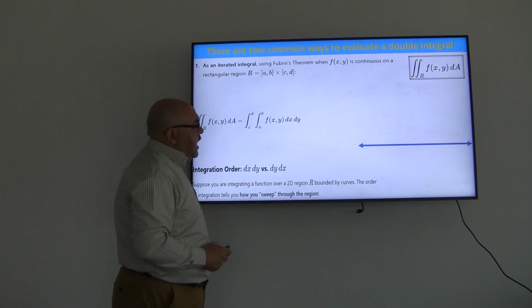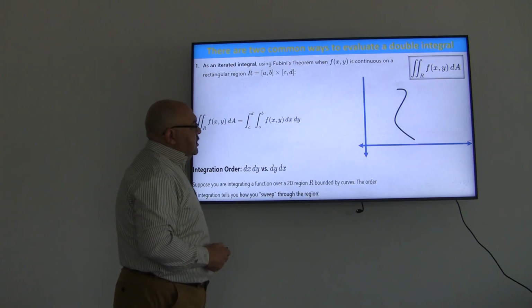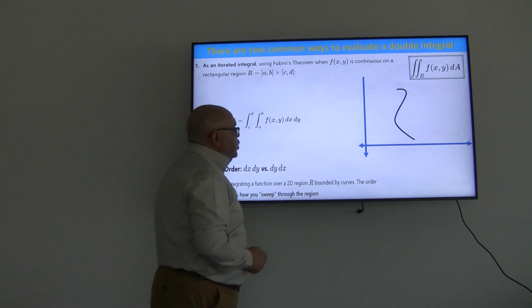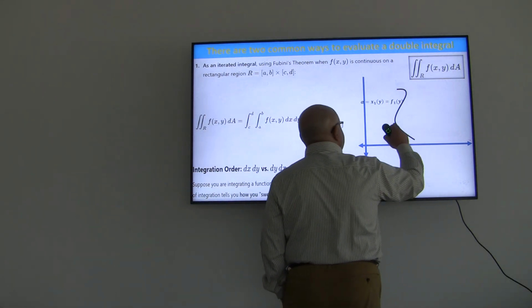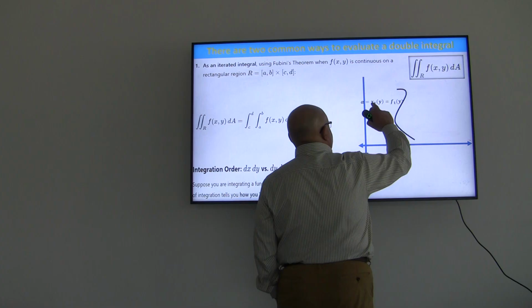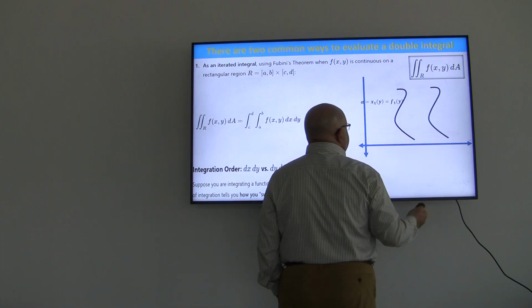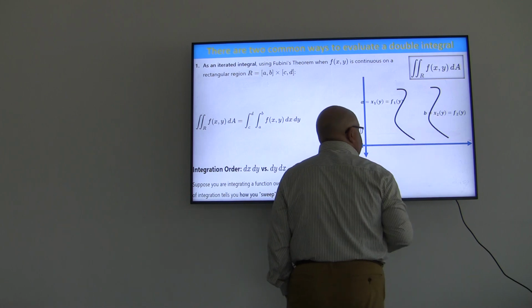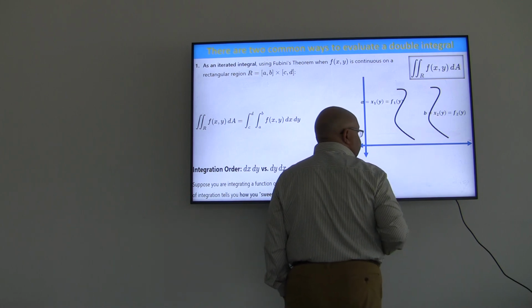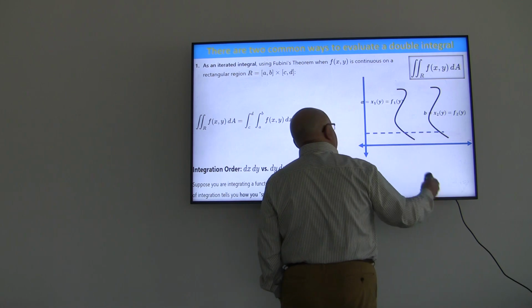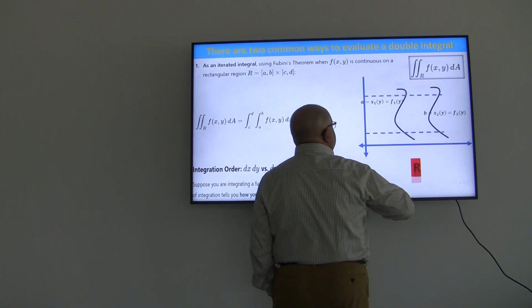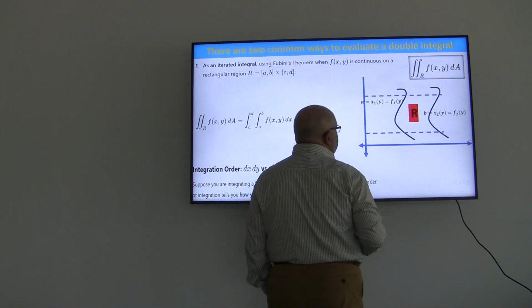If this is the x-axis, and that's the y-axis, and these are the functions, the first function, a, which is x1 as a function of y, f1 of y, and then the second function, which is b, x2 of y, which is equal to f2 of y, and in the other direction, the region starts from c up to d.